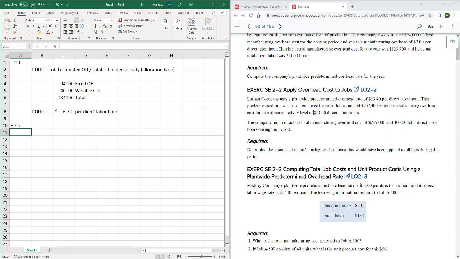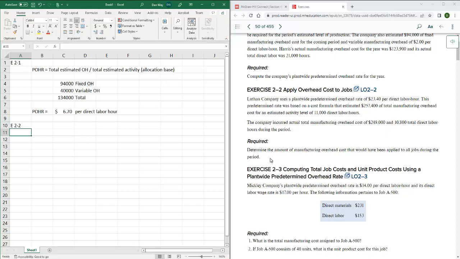This predetermined rate was based on a cost formula that estimated $257,400 of total overhead cost for an estimated activity level of 11,000 direct labor hours. And then we also were told the company incurred actual total overhead cost of $249,000 and 10,800 total direct labor hours during the period. That's our actual usage there and our actual cost.